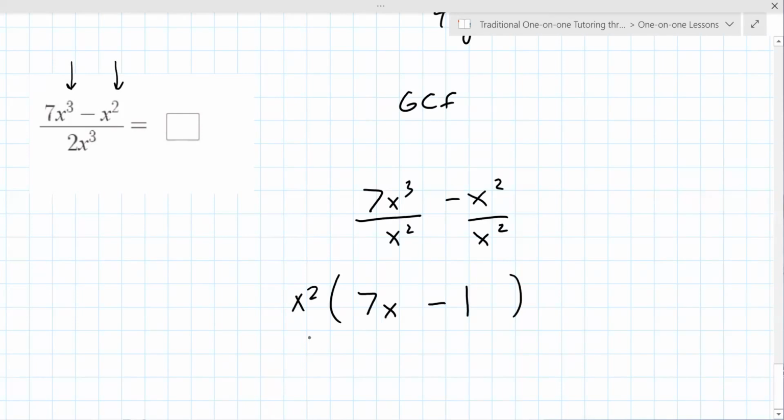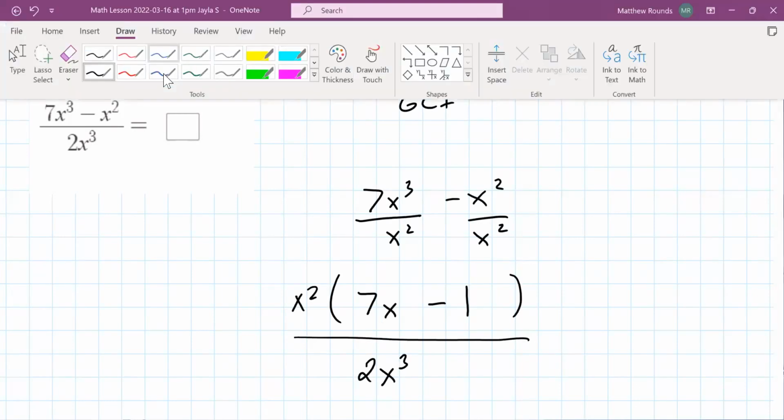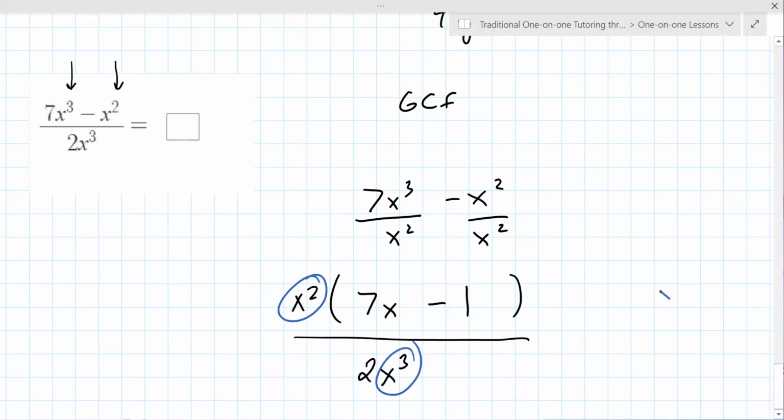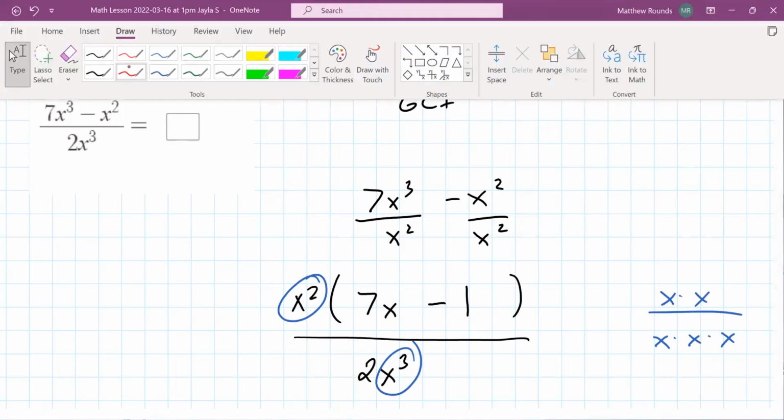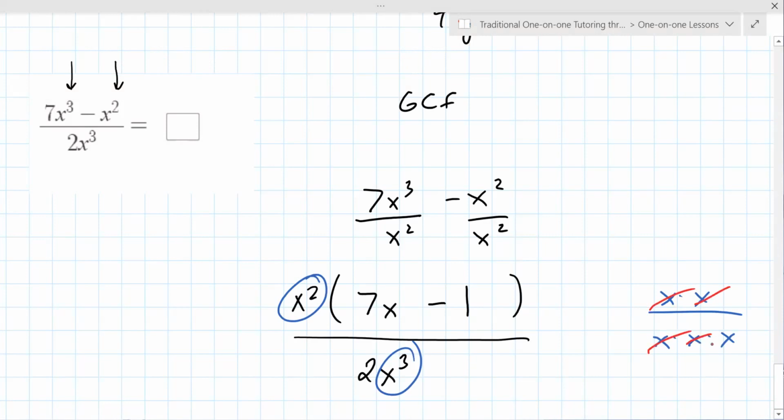You can see that. And the bottom is 2x cubed. I think I used blue when we did this, x times x, x times x. You can see there was a bunch of cancellations. These canceled, but there was an x left over on the bottom.